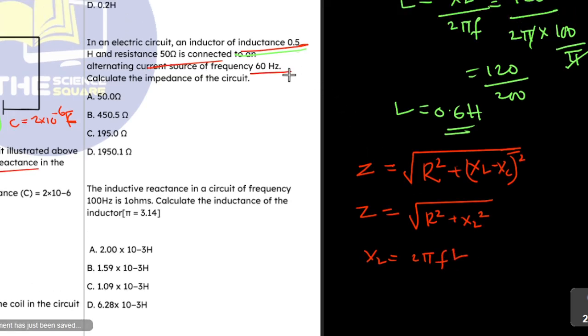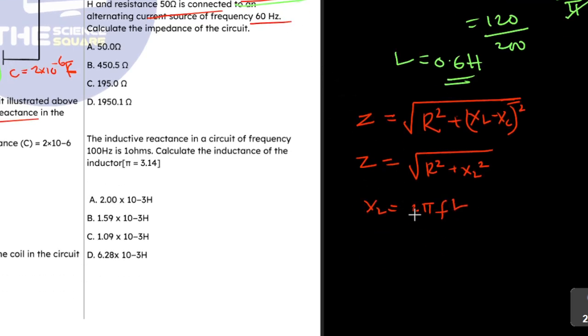L has been given to be 0.5, and the frequency has been given to be 60. So you have 2 multiplied by pi, multiplied by 60, and multiplied by 0.5. Without wasting time, just punch 2 multiplied by pi. For pi you can use 3.142, or you can use 22 over 7.